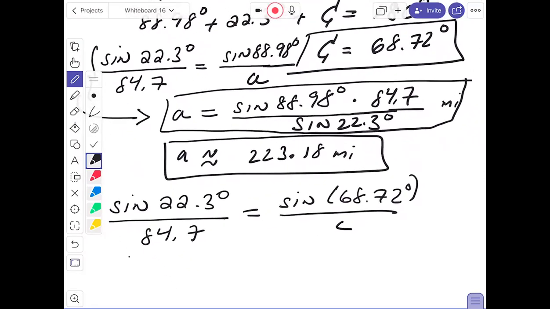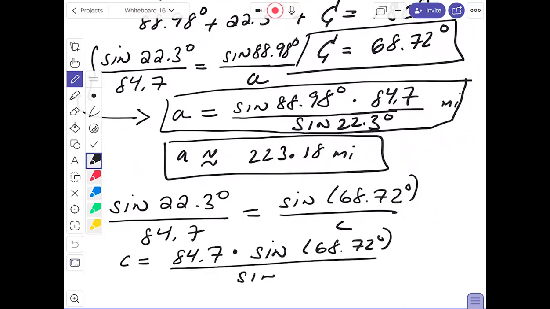So I'm going to say C is equal to 84.7 times the sine of 68.72 degrees over the sine of 22.3 degrees.